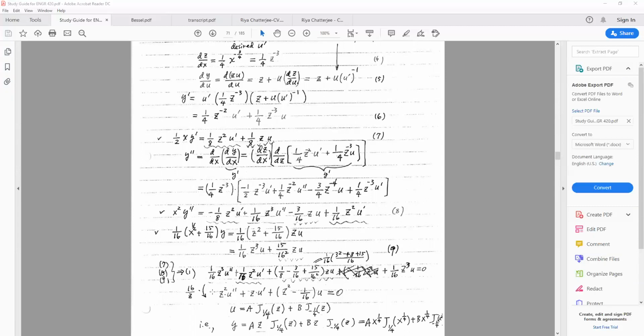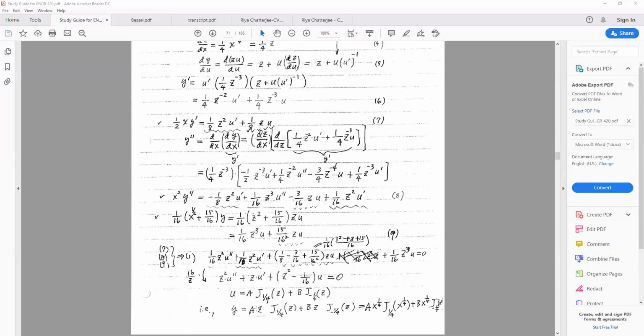And as you can tell, this is a Bessel equation of order 1/4. So we get this solution: u as a function of z equals a combination of two Bessel functions of the first kind of order a quarter.